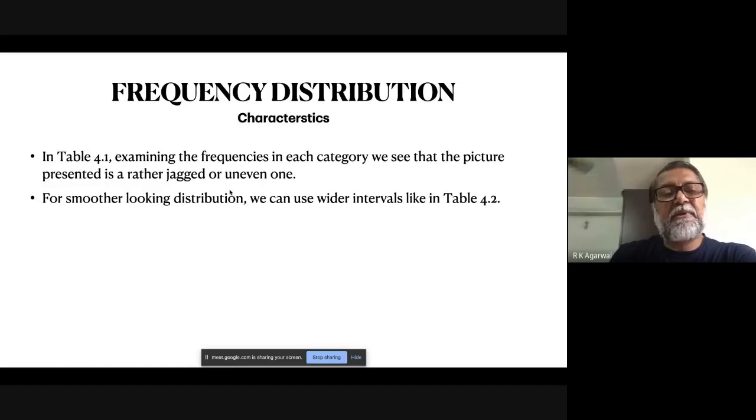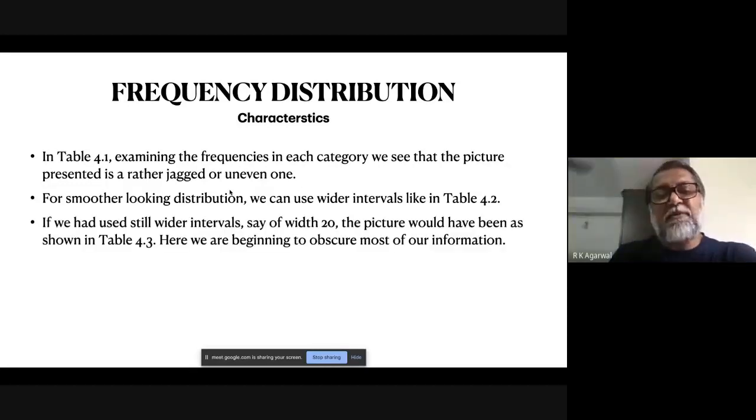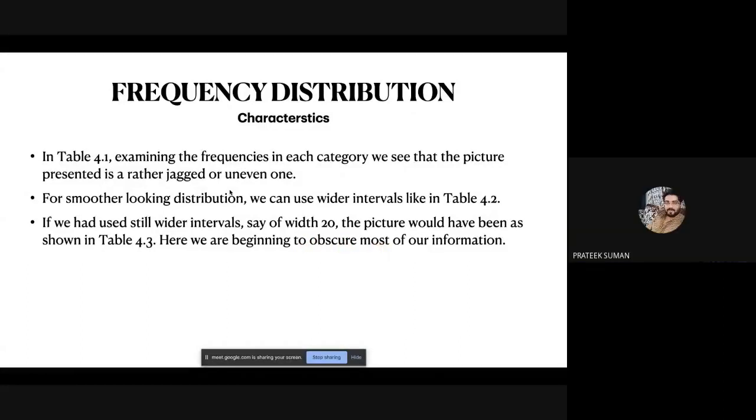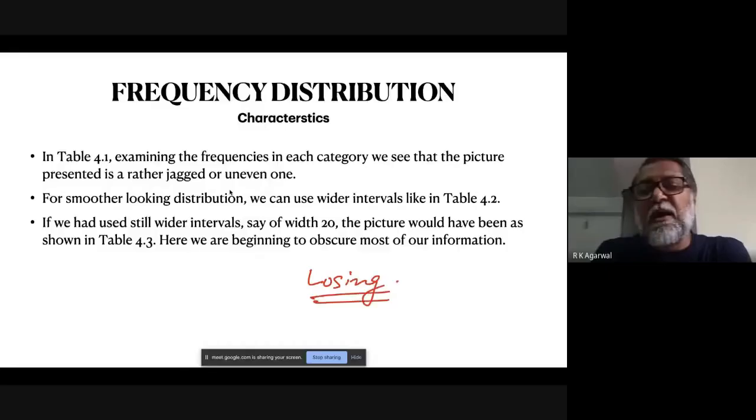If we had used still wider intervals, say 20, the picture would have been as shown in table 4.3. Here we are beginning to obscure most of our information. What is obscure? Obscuring most of our information means unclear, hidden, losing most of our information.